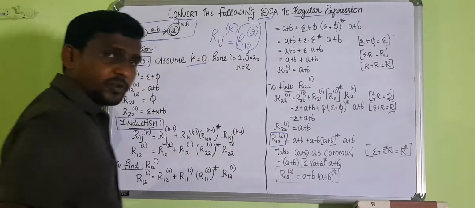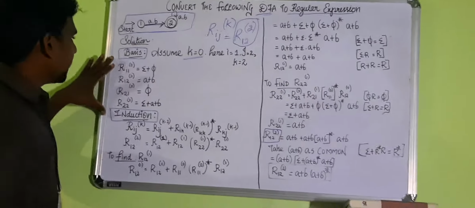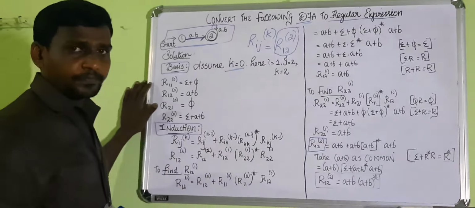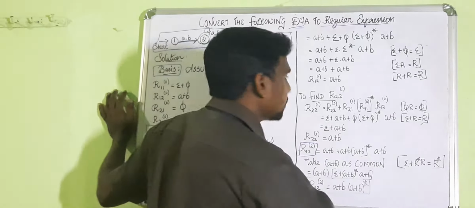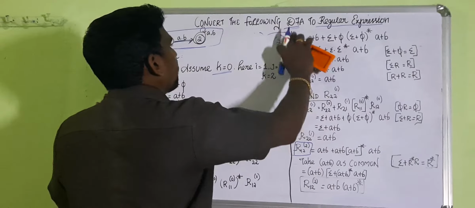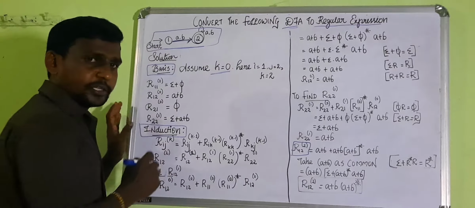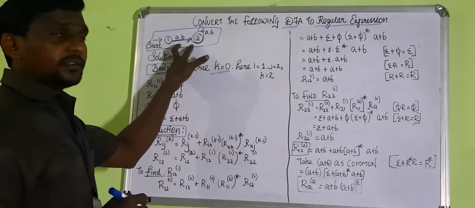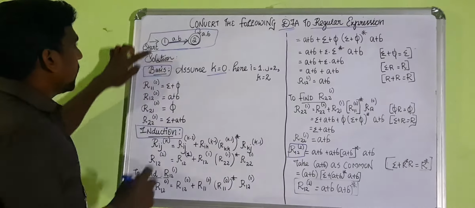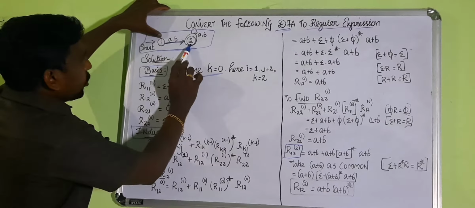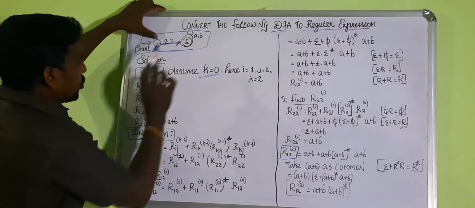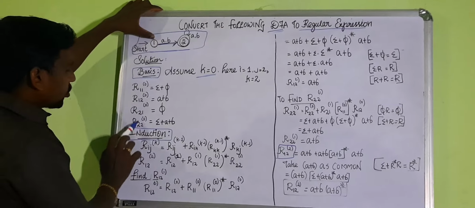Before that, we should know how in the basis part we assume k equal to 0. That is the rule: we have to assume k equal to 0. So see, R11 power 0. I told you, if there are 2 states, we have R11, R12, R21, R22.